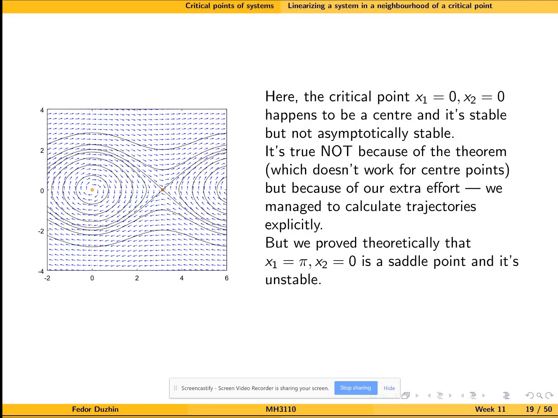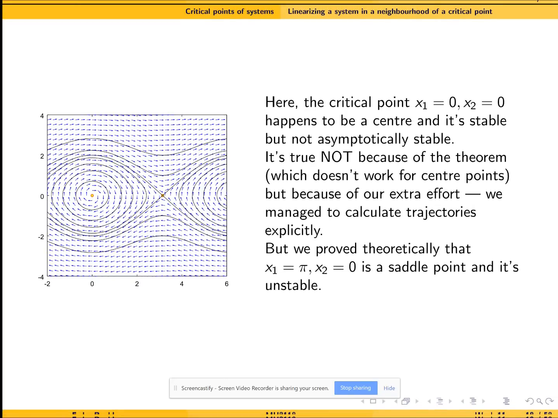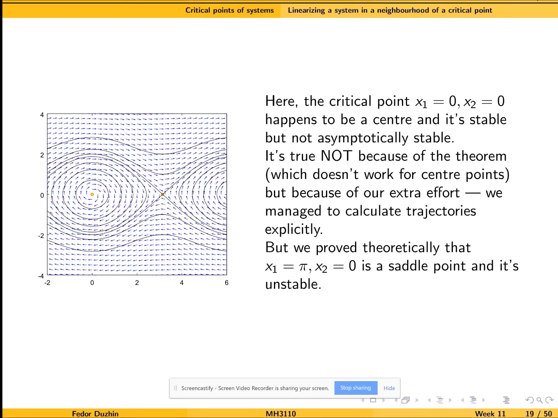But what is good due to the theorem that we just learned is that we theoretically proved that the critical point at pi, 0 is actually a saddle point. So now we have a precise, rigorous theoretical proof of the fact that this is unstable.